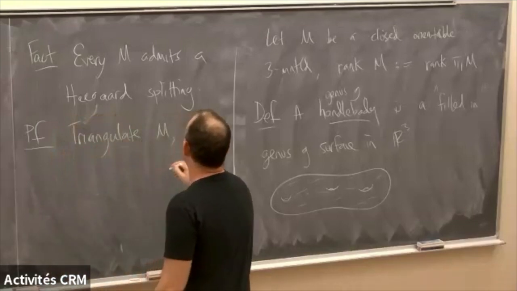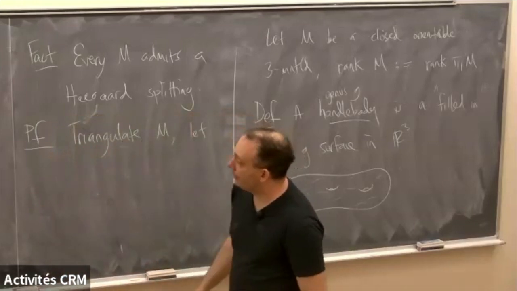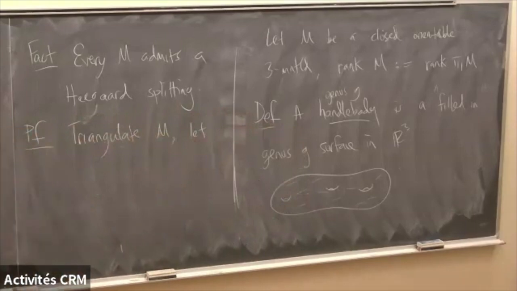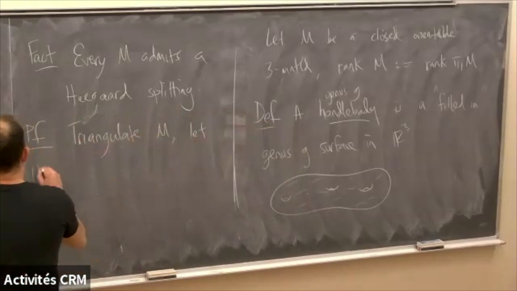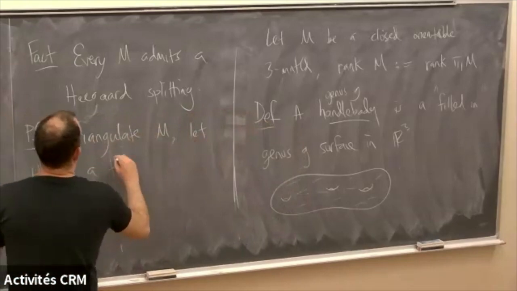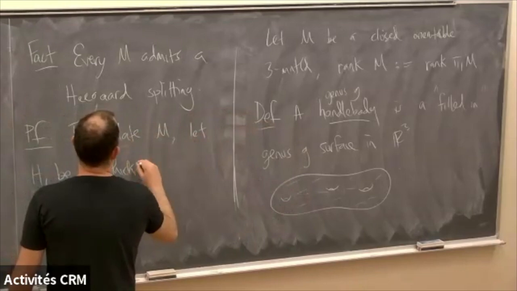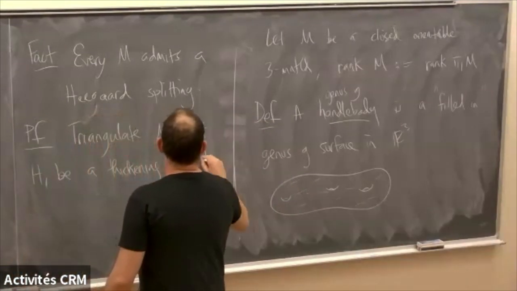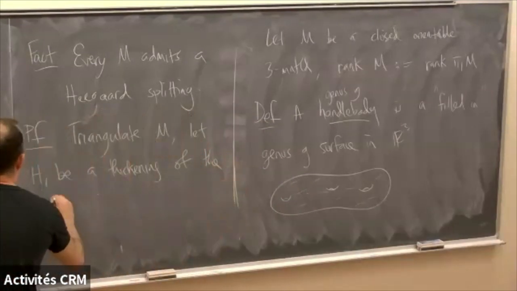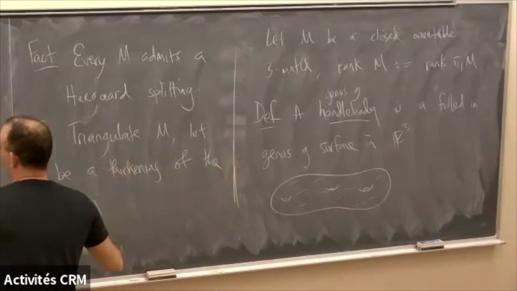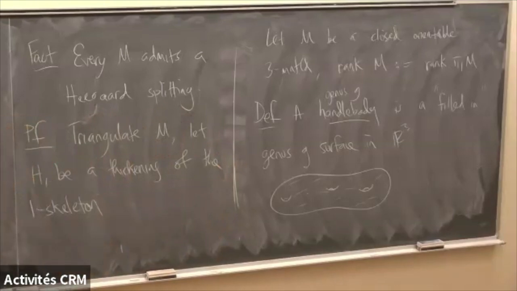You triangulate M, and you're looking for 2 handle bodies inside of M that share a boundary. Let H1 be a thickening of the one skeleton of the triangulation. Remember we said that thickenings of graphs give you handle bodies.